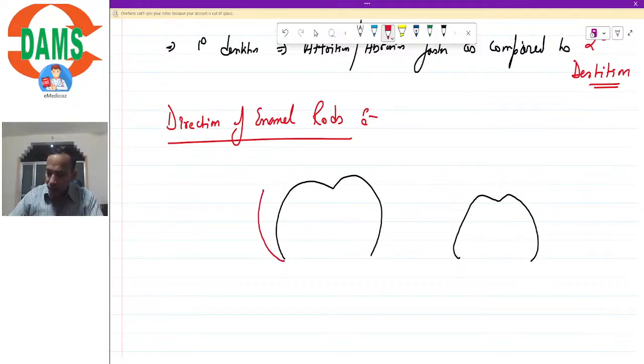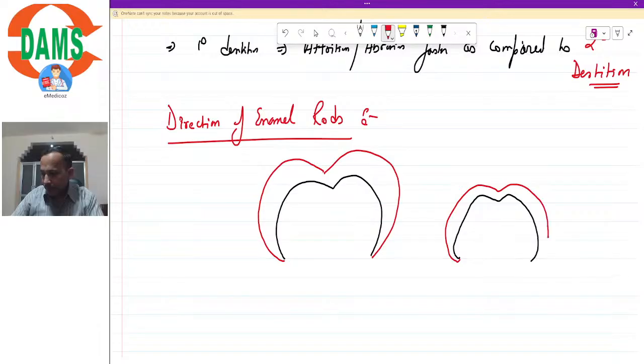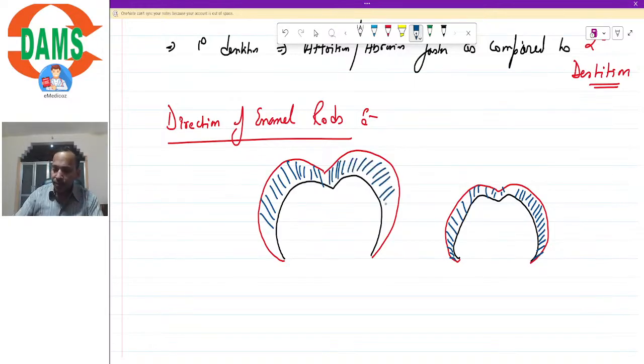On this we have the enamel, right? So what we have seen is that in case of primaries, all the enamel rods are occlusally directed. And same is true for the permanent enamel, isn't it? All the enamel rods are directed occlusally. Then what's the difference? The difference is in the exception.